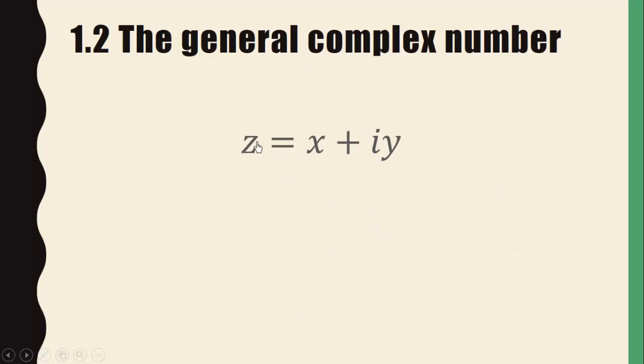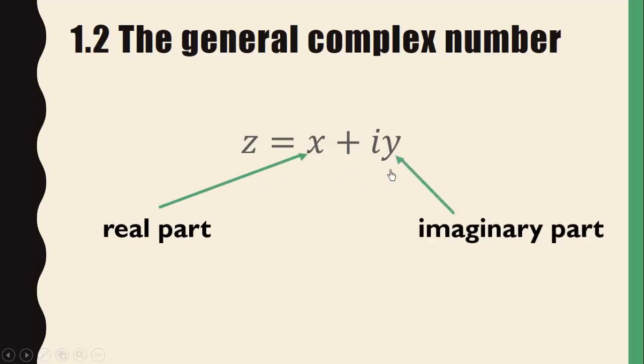Now the general complex number is given by z equals x plus iy. So for the one we just saw previously, the x is 0, that is -3i and +3i, the x is 0, and the y is 3 or -3. Now these have the real part and the imaginary part.